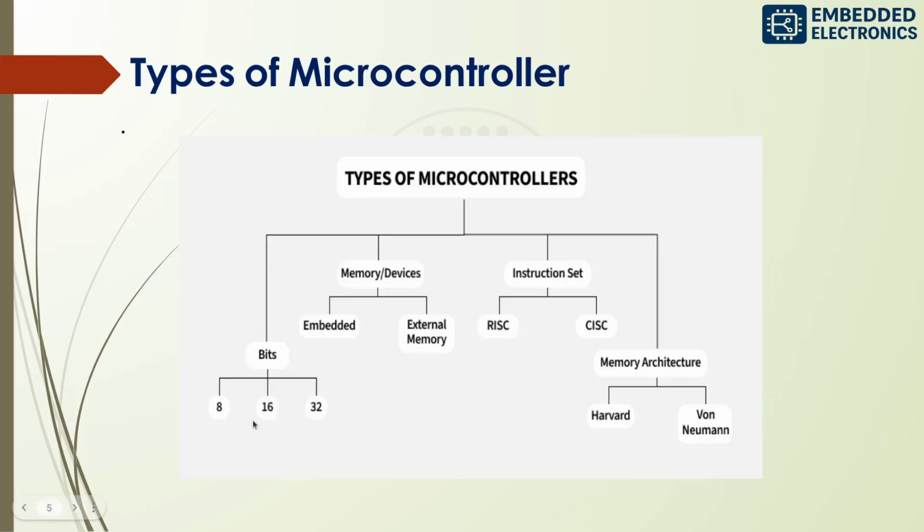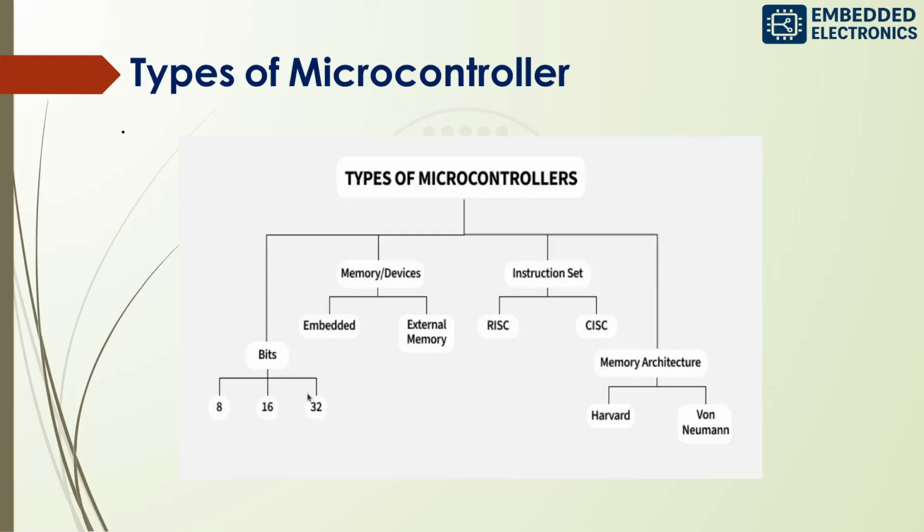A 16-bit microcontroller can handle a wider range of numbers compared to the 8-bit range. Examples are PIC26 and 8051XA. A 32-bit microcontroller is used in advanced applications like medical devices, engine control systems, office machines and other embedded systems.